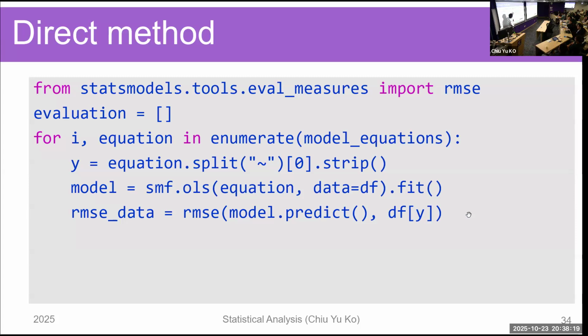Enumerate is Python code that means counting 1, 2, 3, 4, 5, and equation, because we have 5 equations here, so this is looping over the equations. And first is y equals, because the equation is like this. If you remember, what's the equation here?